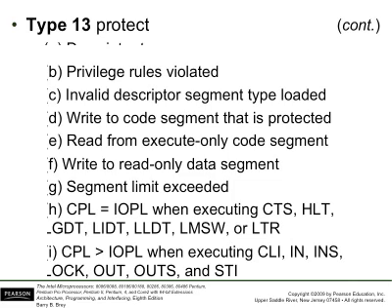There are different subcategories of faults under this type 13. For example, descriptor table limit exceeded, or a write to a code segment that is protected, and so on. So these are all different possibilities that will cause this type 13 fault.